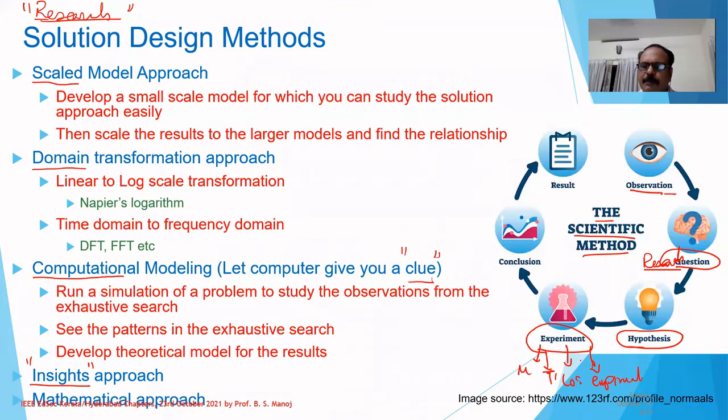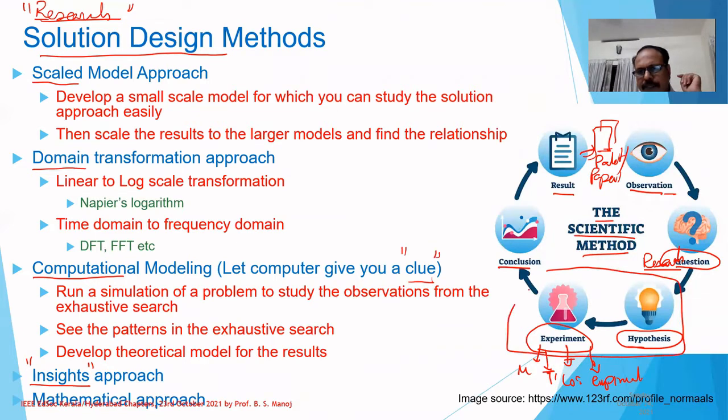There can be several experimental methods that you will frame after that. Through the experiments, you will get conclusive observations which can be translated into results, so that you will be able to publish them as patents, papers, or by other means. This is what is popularly known as the scientific method. These solution design approaches are relevant for these two particular stages, either during the experiments or while framing a hypothesis as part of solving the research question.